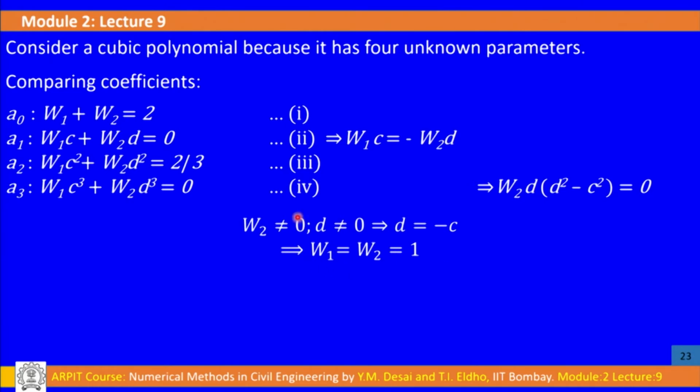So, let us put this in equation 3 with C square equal to D square. As a result, we get unique location of these points, minus 1 over square root 3 and 1 over square root 3.